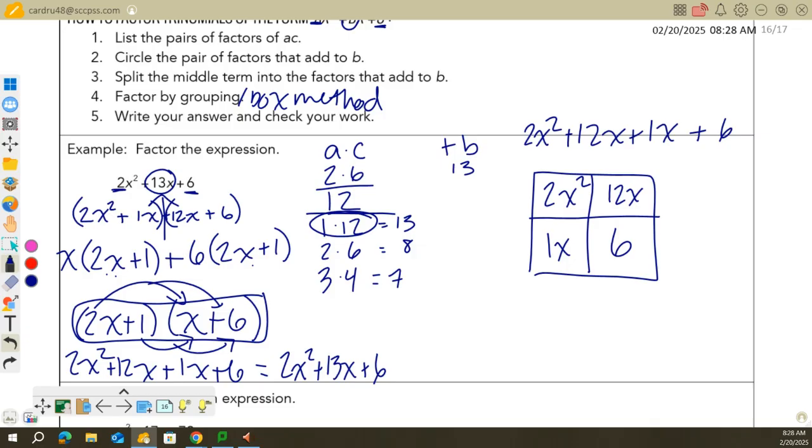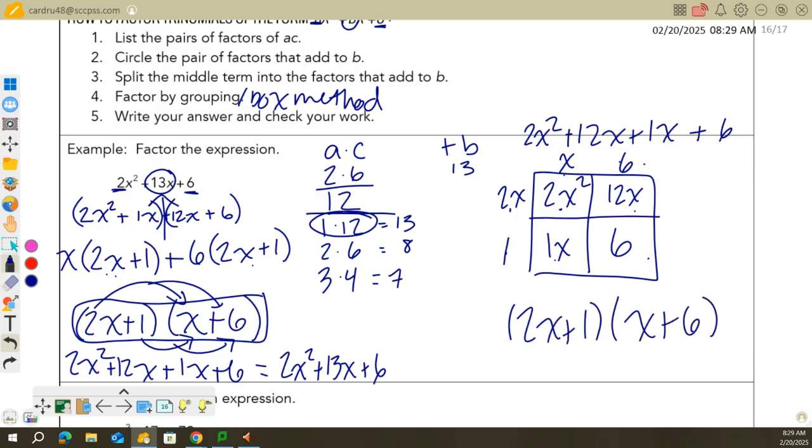I can pick anywhere to start, so I'm going to take the GCF of this column right here. 2x squared and x, my GCF is x. x times what gives me 2x squared? That's 2x. 2x times what gives me 12x? That's 6. 6 times what gives me 6? That's 1. So again, I get 2x plus 1 times x plus 6.